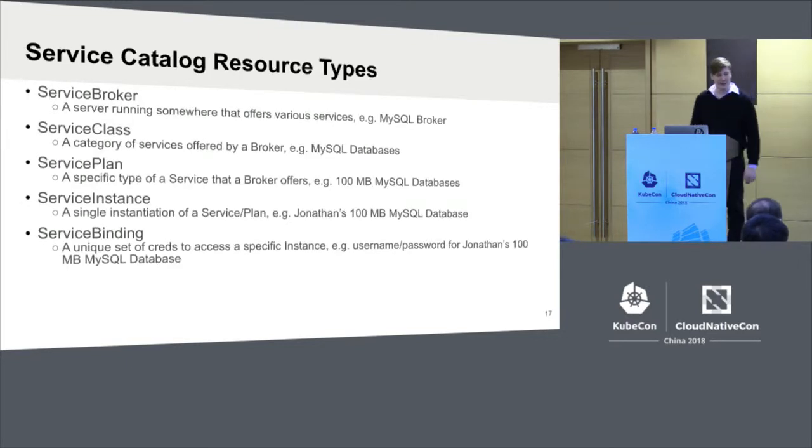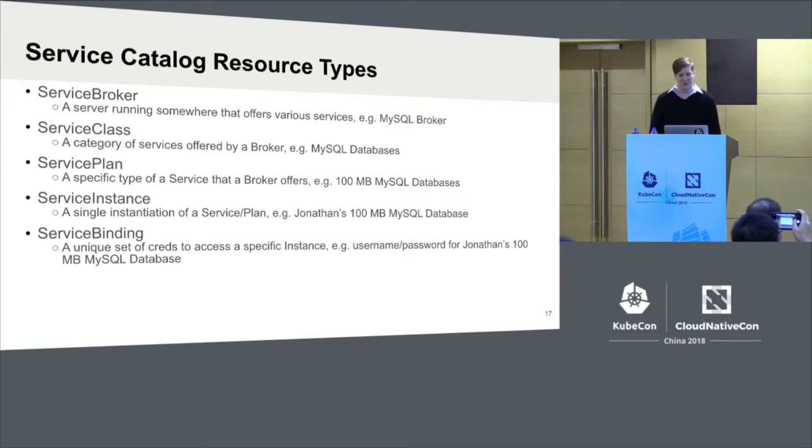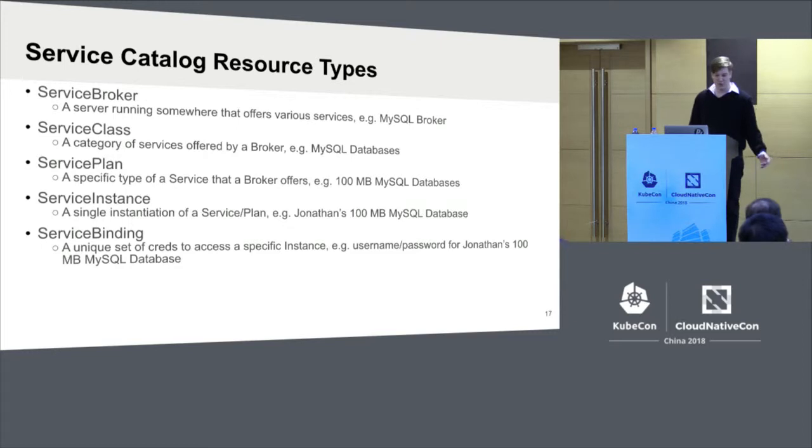We translated the Open Service Broker API into 5 Kubernetes resource types, more or less: Service Broker, Service Class, Service Plan, Service Instance, and Service Binding. Service Broker is our internal representation of a broker that has been registered with a cluster. It has one or more service classes, which is a category of services offered by that broker, for instance, MySQL databases.